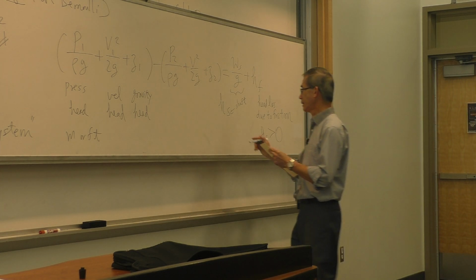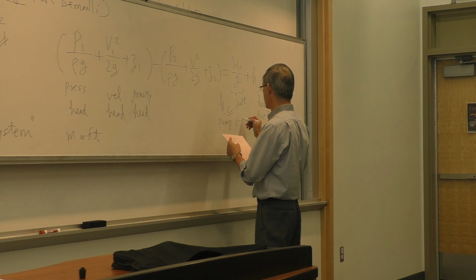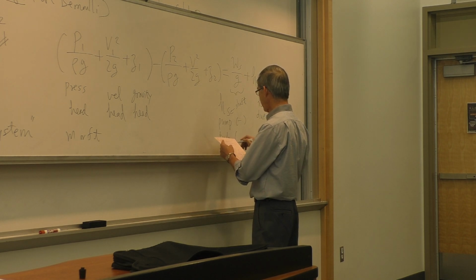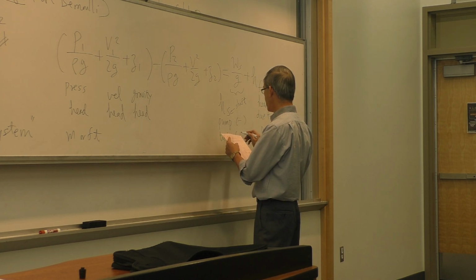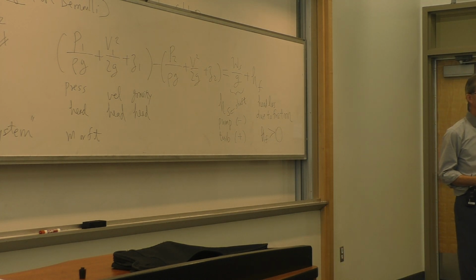And the sign for this H sub S, if it's a pump, meaning work is added to the fluid, like this fire hose, is negative. If it's a turbine, meaning work is extracted from the flow, it is positive. Are you with me?